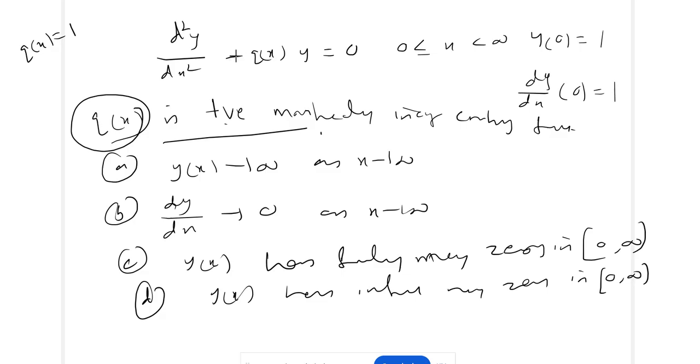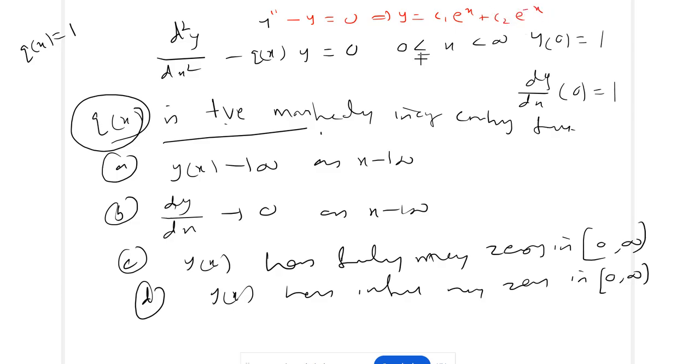Then the problem becomes y double dash minus y equal to 0. Finding the solution is very easy. m square minus 1 equal to 0, m equal to plus or minus 1. So y equal to c1 e power x plus c2 e power minus x.